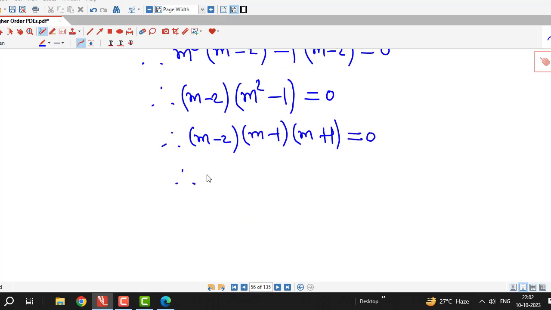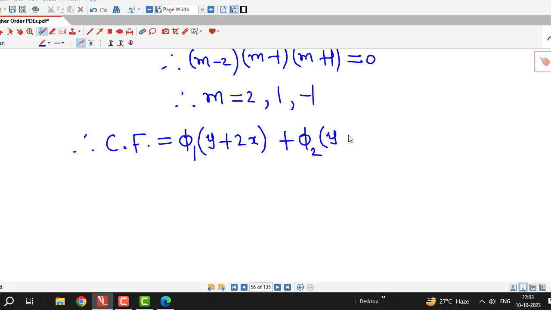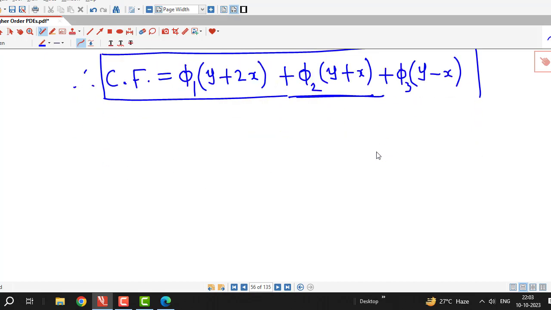Therefore I have 3 distinct values of m: m equal to 2, 1 and minus 1. Therefore the complementary function is an arbitrary function of y plus mx, first taking m equal to 2, another arbitrary function of y plus mx for m equal to 1, and a third arbitrary function of y plus mx for m equal to minus 1. This is the complementary function of the given non-homogeneous linear PDE with constant coefficients.